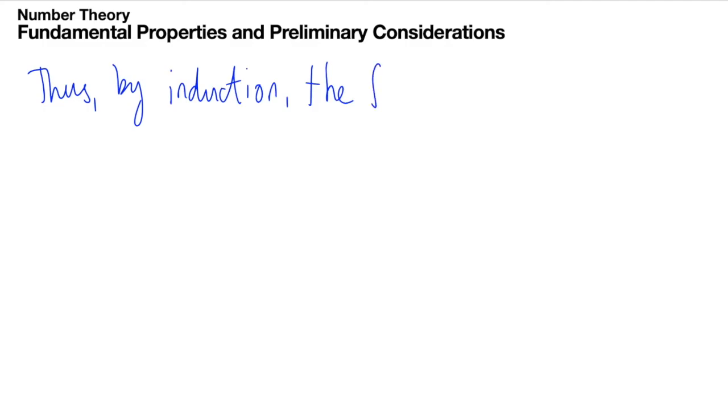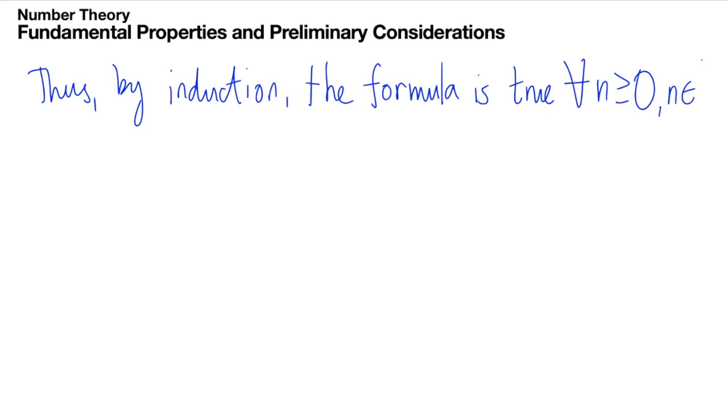The binomial theorem formula is true for all integers n greater than or equal to 0. And that's pretty much the end of our proof for this binomial theorem.